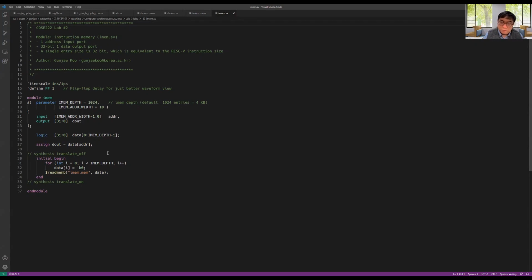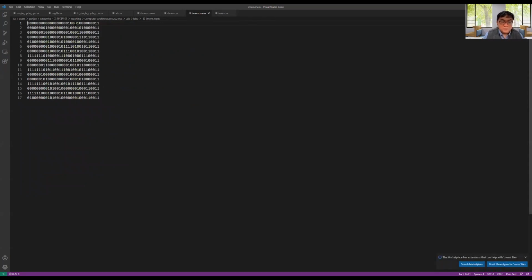For this purpose, I already provide some RISC-V instructions that can be used for verification. This is the binary code of the RISC-V instructions stored in the instruction memory. There are a total of 17 instructions here.